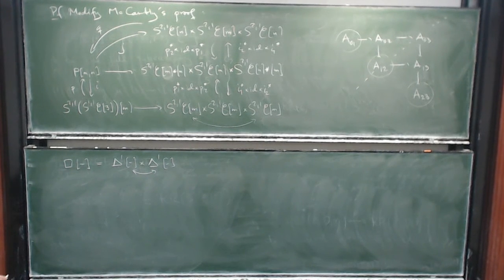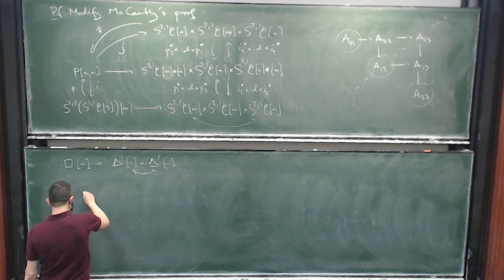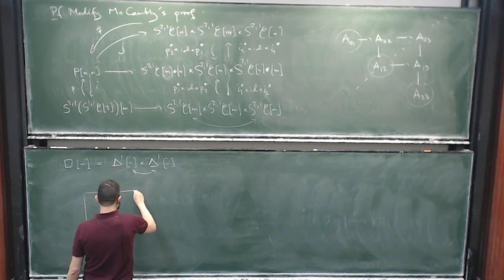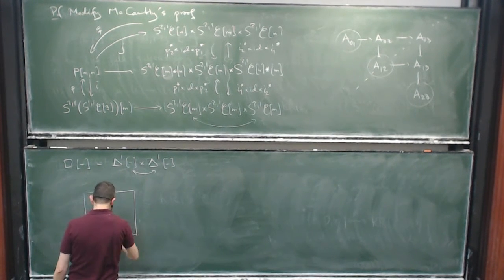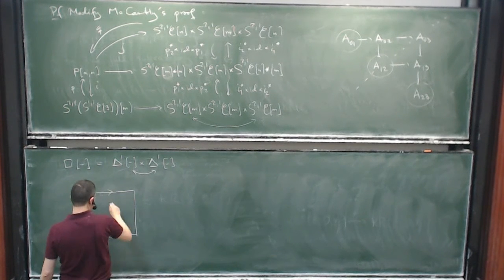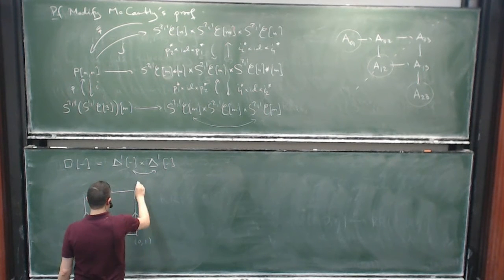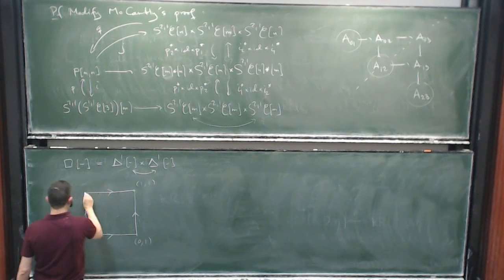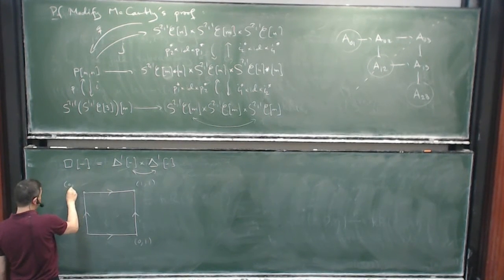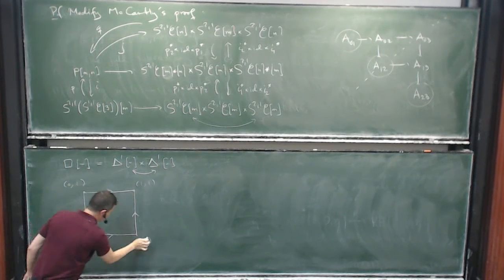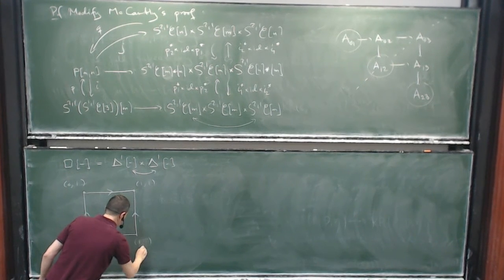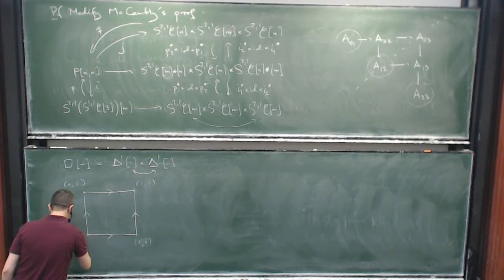So what does the geometric realization of this look like? It looks like this. So here we have 0, 1, 1, 1, 0, 1. This was 1, 0. And 0, 0.